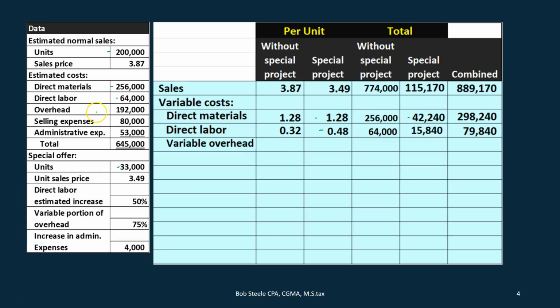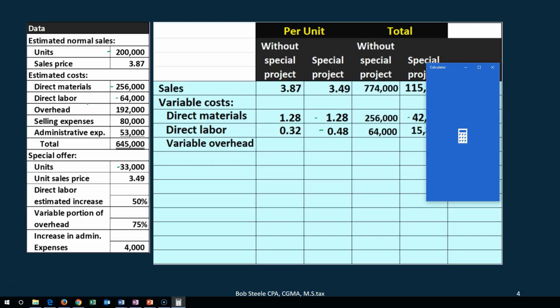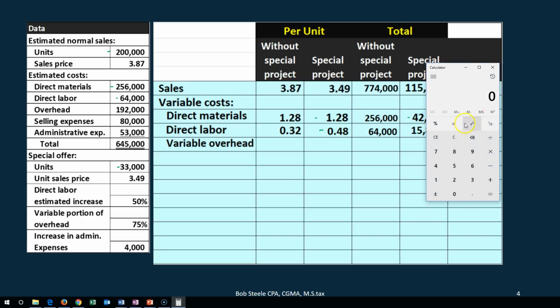All right, variable overhead. So we said that variable overhead. Now, overhead's that thing that's mixed oftentimes. It's got a variable portion and a fixed portion. So of the 192,000, we are saying that 75% of it is variable. So we're going to say times 0.75. So that's going to be the 144,000.